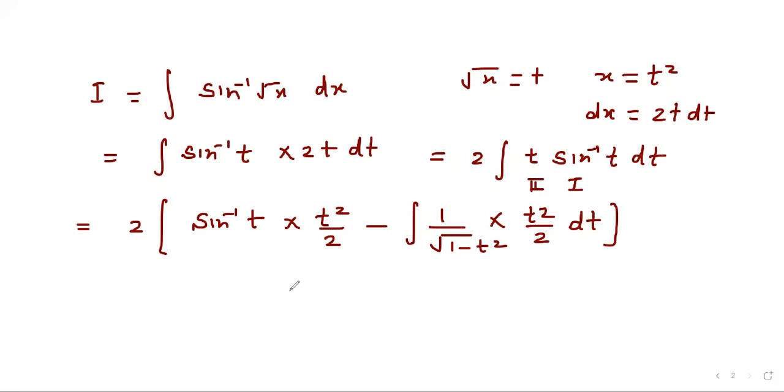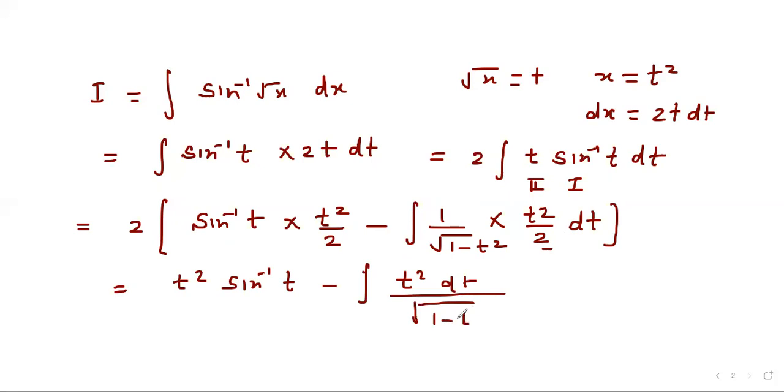Now further, the 2 will cancel out. So t square times sine inverse t. And from here, it will become 1 by, when this 2 gets multiplied to this term, so 2 will cancel out. So integration t square dt divided by root of 1 minus t square. Now we can include this minus sign inside.